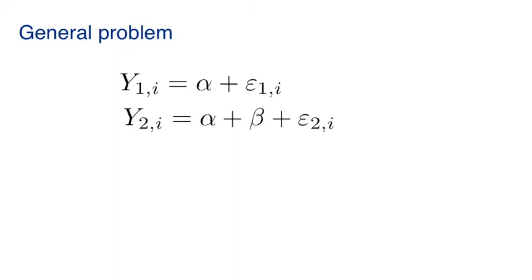Okay, so let's talk a little bit about the stats behind all this, and I'm also going to present some solutions that have been proposed for dealing with these problems. All right, so here's a model.